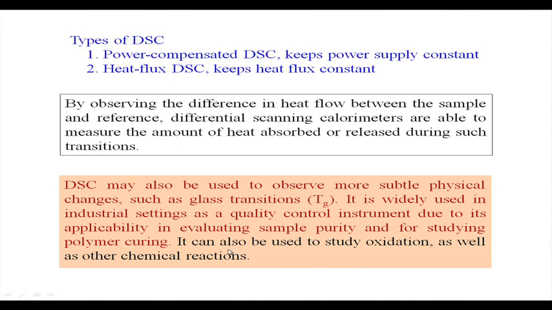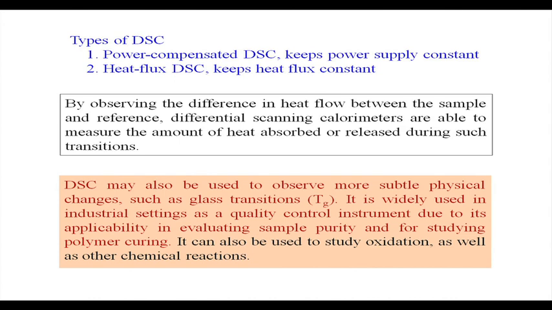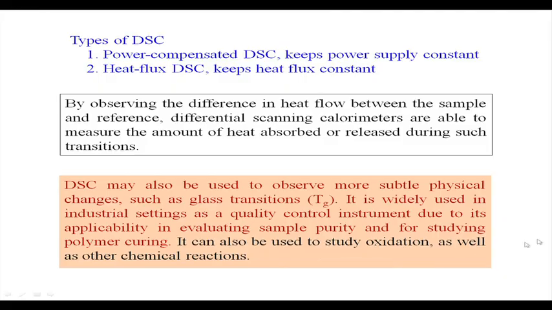Tg is very useful because we are curing the polymer sample at this temperature. We want to eliminate trapped water molecules from any solid sample, so we use this temperature as the drying temperature in an air oven. It can also be used to study oxidation, because in air some samples can oxidize, as well as other chemical reactions.